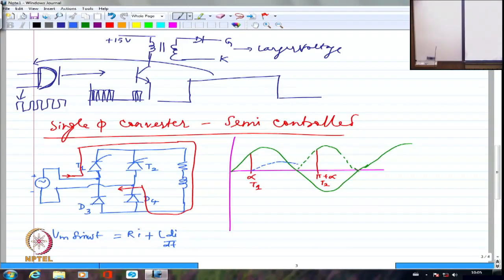What happens at this point? I have to check. I am talking about the point here, that is pi. The current has been flowing. If the current is flowing, I am going to have this almost as a short circuit, this almost as a short circuit. Am I right?